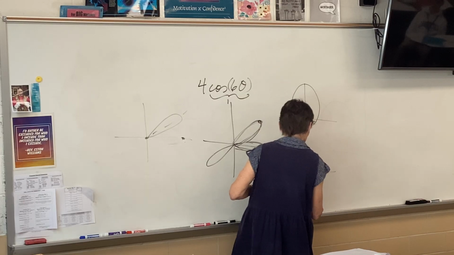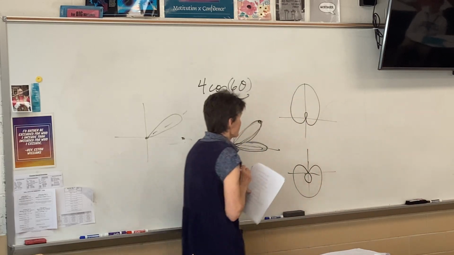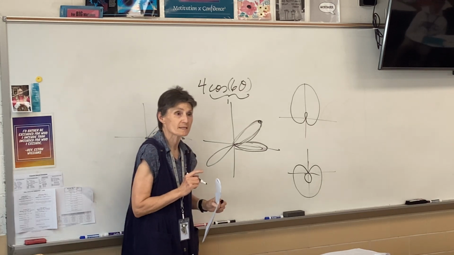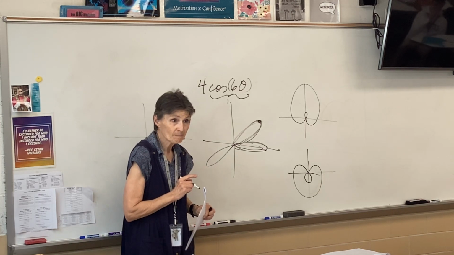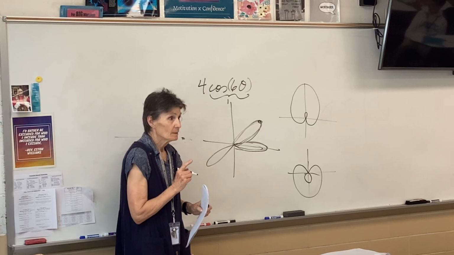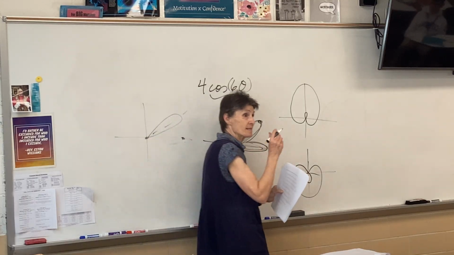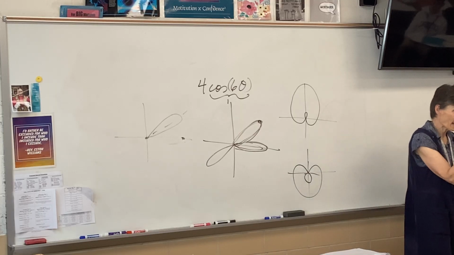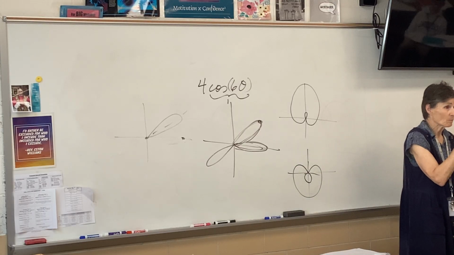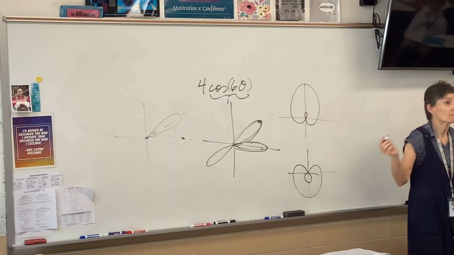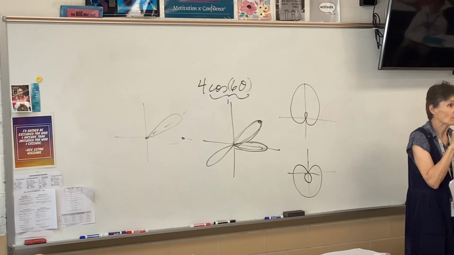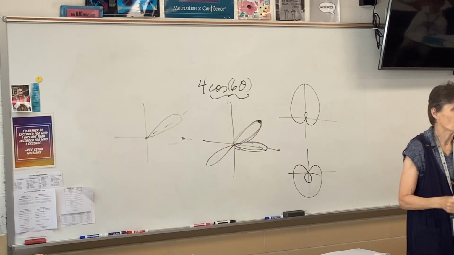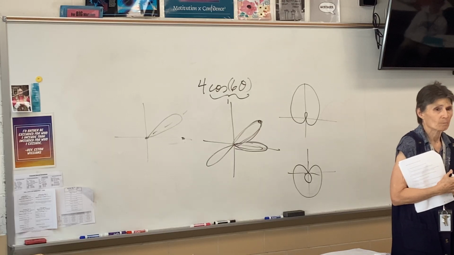Everything in my life is dependent on this. Okay, so it's gonna be one of those, right? How do I know it's one of those? Because it's a sine. And what do we know about sines? They are reflections across the y-axis. If it were a cosine, same shapes, but they would be sideways. Now, which one of those do you think it is? Do you think it's the top one or the bottom one?